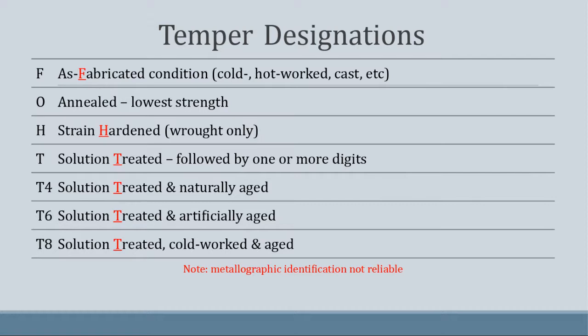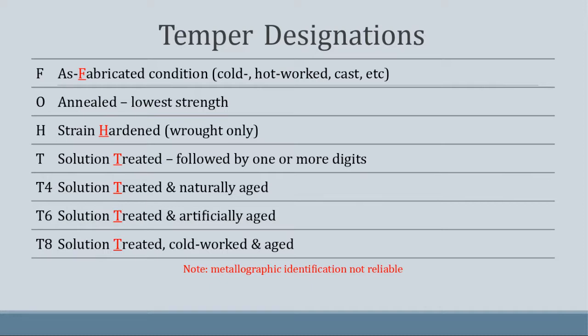If you take that as fabricated component and now you anneal it, now you're softening it, so that would be the condition that it would be in its lowest strength. Strain hardening is identified as the letter H, and there are various numbers after all of these, but H would be for strain hardened, and that's for wrought alloyed products only. You will not strain harden a casting.